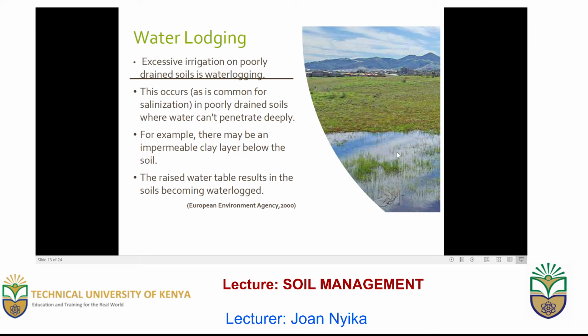As you can see here, there is waterlogging. This occurs as a common case in poorly drained soils where water cannot penetrate deeply, and water can also fail to penetrate in case there is formation of hard pans that do not allow the infiltration of water.